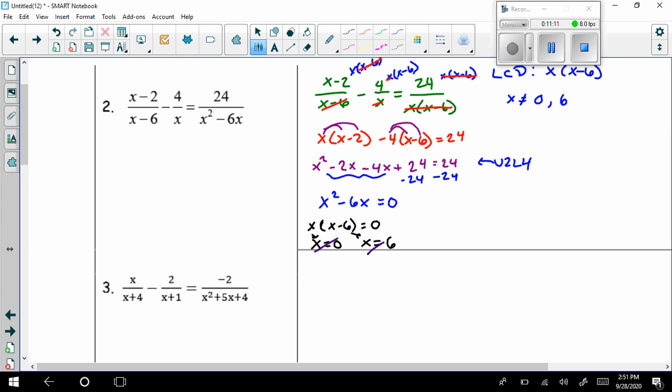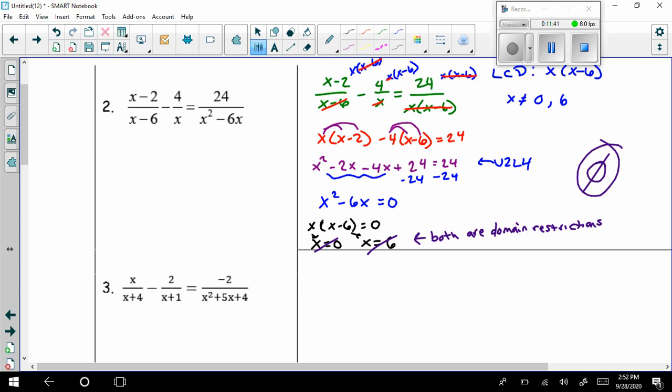It can't be 0 and it can't be 6 because both are domain restrictions. At this point, I would probably go back and double check all of my work. This happens to be correct. There is no solution to this problem. There's not an x value that works.